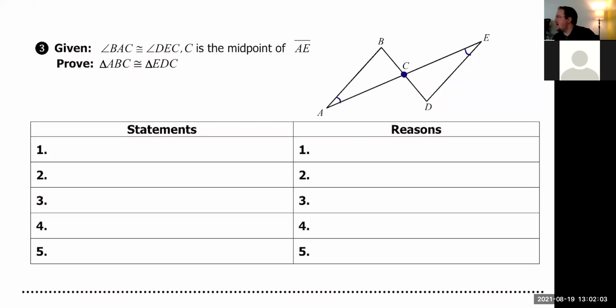So right off the bat, we need to restate what's been given to us because that's going to be part of our argument process. So the first statement, I'm just going to restate the first part of the given information. Angle BAC is congruent to angle DEC.